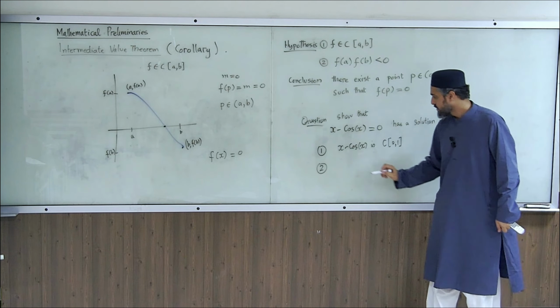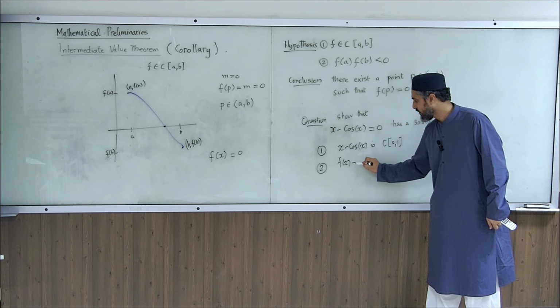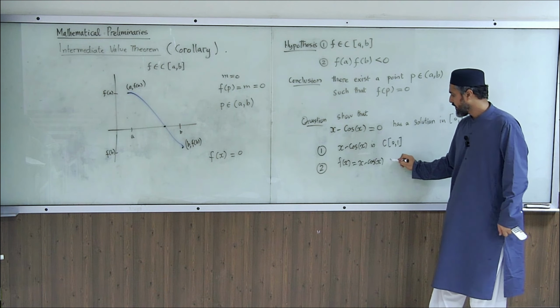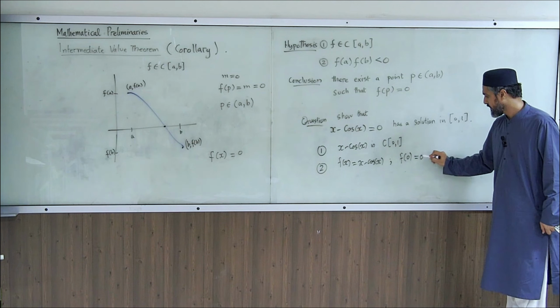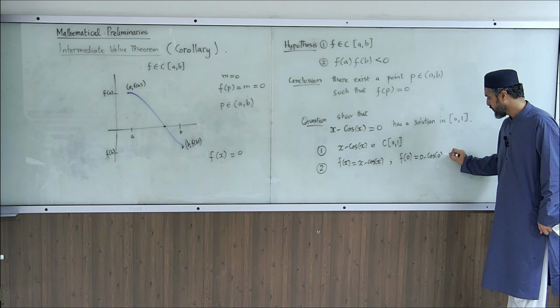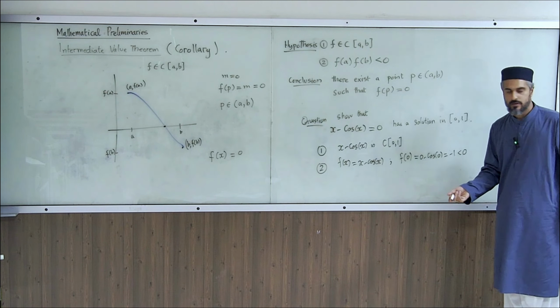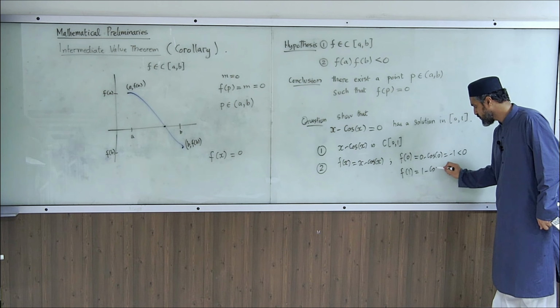Let's call it f, x minus cos x. If I calculate f of 0, what is this? 0 minus cos 0, which is minus 1, and it is negative. And f of 1 is 1 minus cos 1.